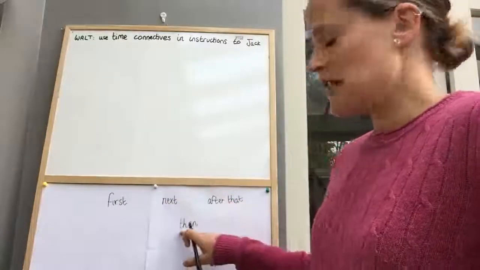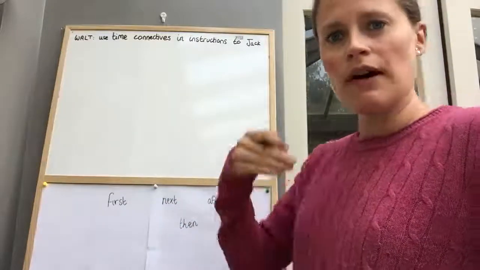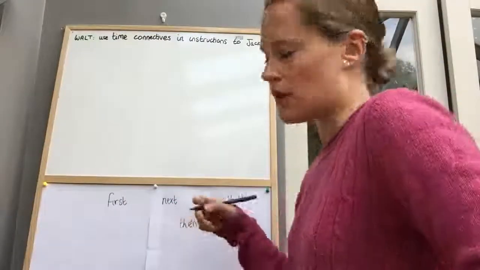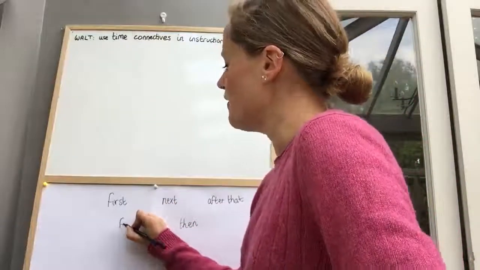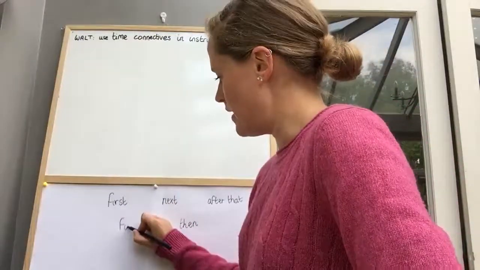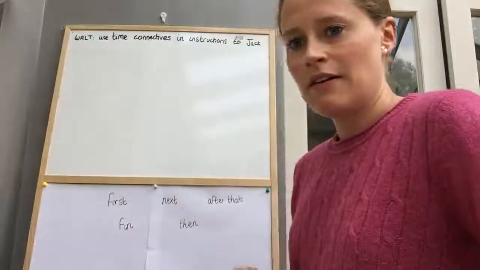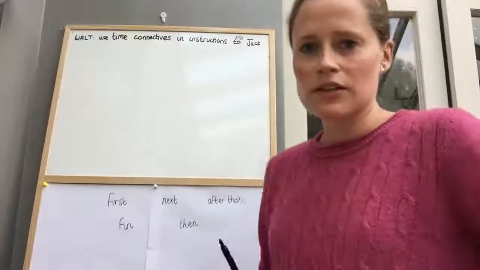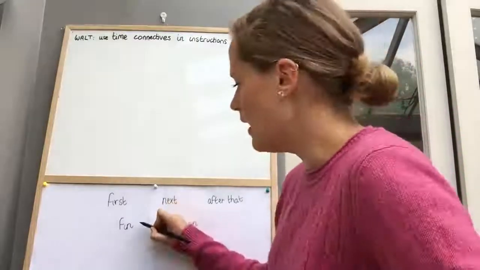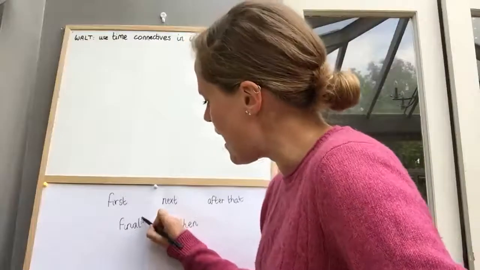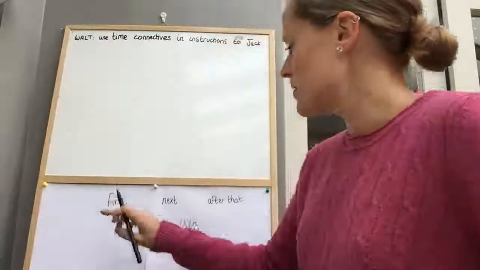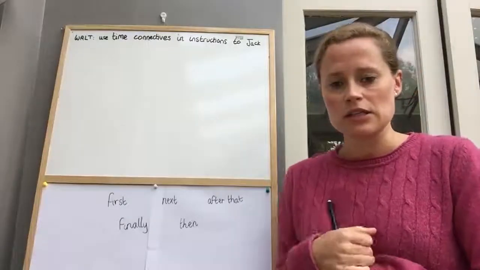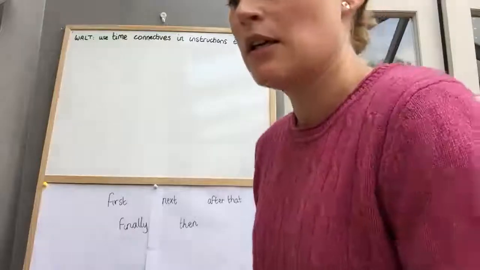First, next, after that, then, and then there's one that you do right at the very end of your list of activities or instructions, and it begins with an f, then an i, and then an n. Now that's the word in French, fin. What does fin mean in French? Finally. So that means at the end of an activity. So those are a few of our time connectives that are going to help us give these instructions to Jack on how to plant his beans.